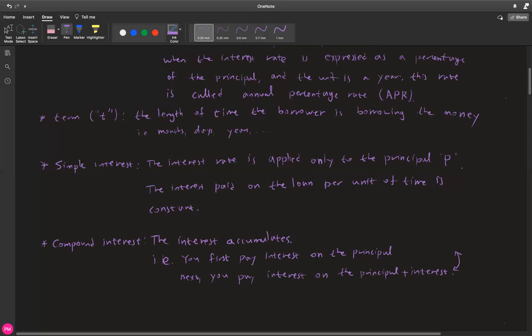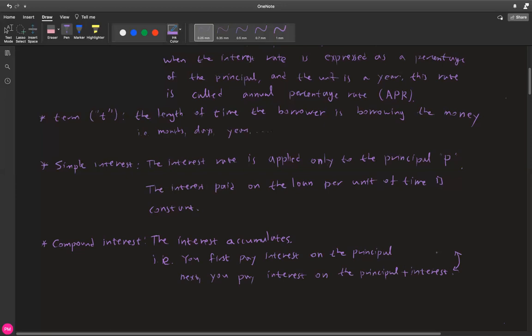So in real life, not many things are actually simple interest. Simple interest is not as common as compound interest. I'm sure there are some, but I cannot really think of examples where simple interest is used.